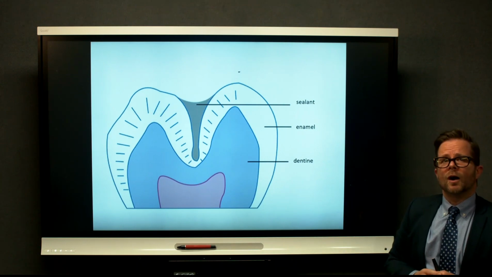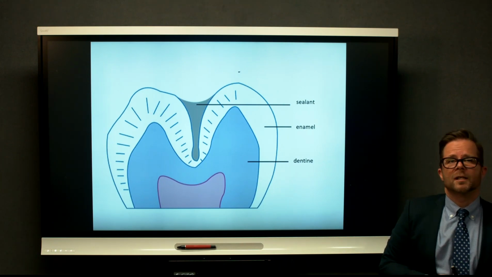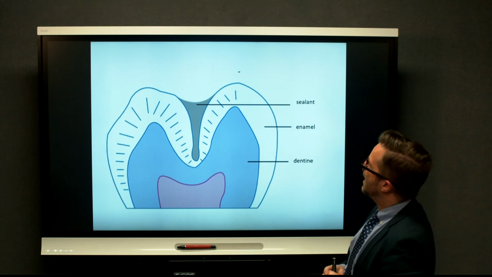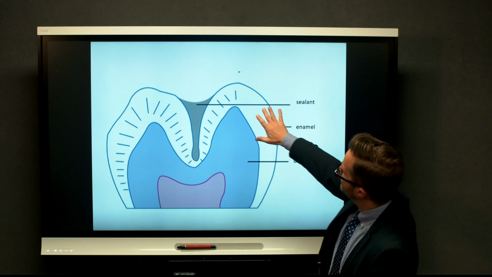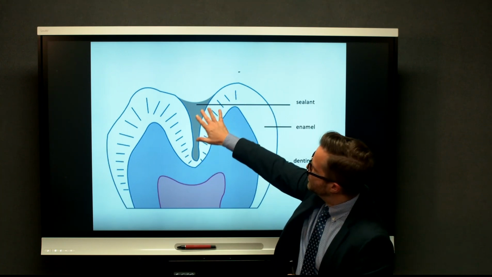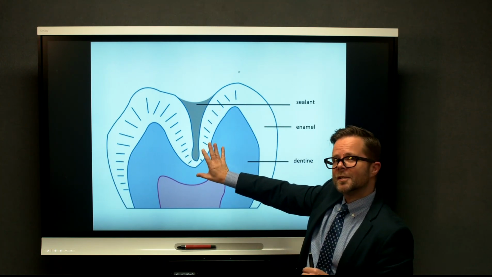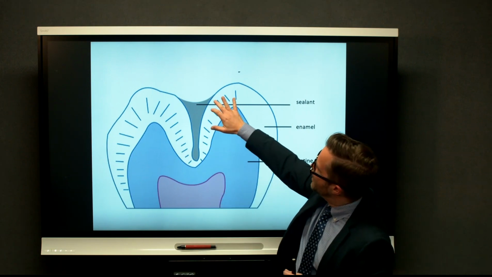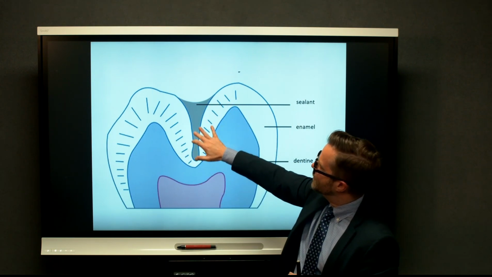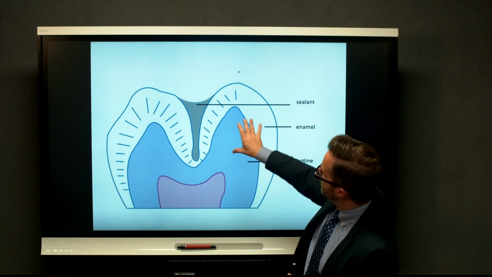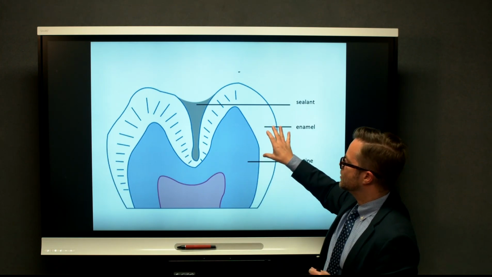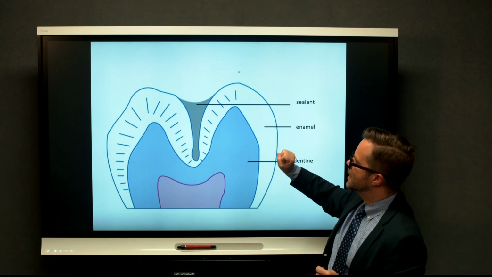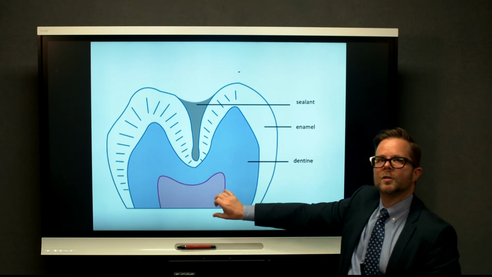Here is a simple diagram that shows the fissure sealant in place. So our simple anatomy of the tooth here shows the enamel, the outer layer of the tooth, and you can see, a little bit exaggerated just for the purposes of this diagram, a deep pit or fissure into the tooth. Underlying the enamel is the dentine, which is not quite as strong or hard as the enamel, and then here the pulp of the tooth.